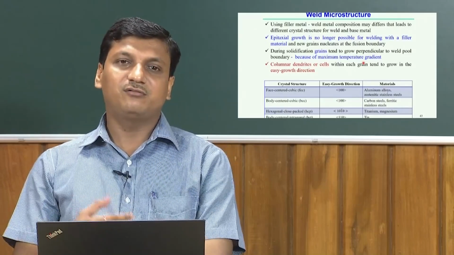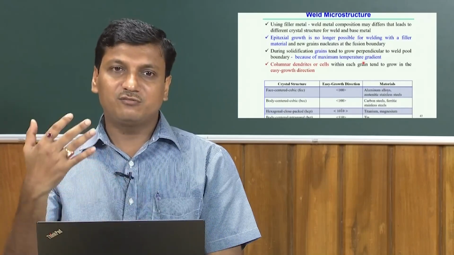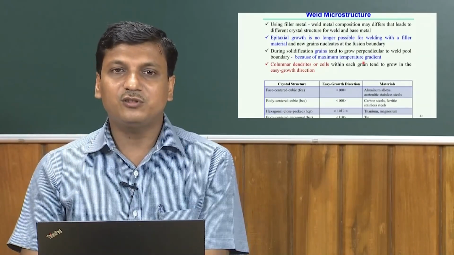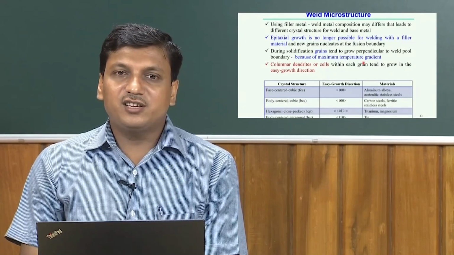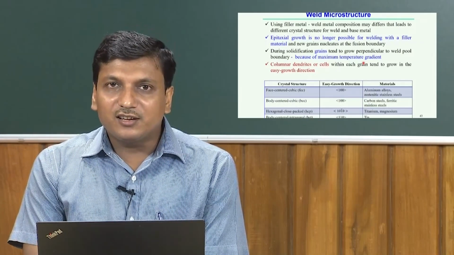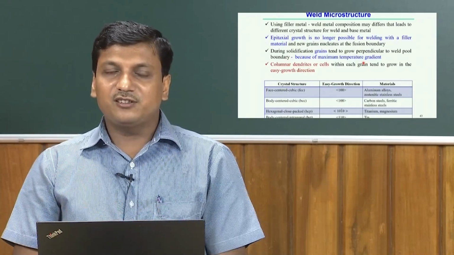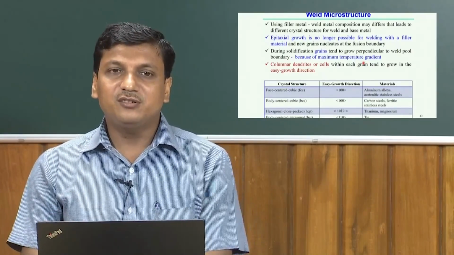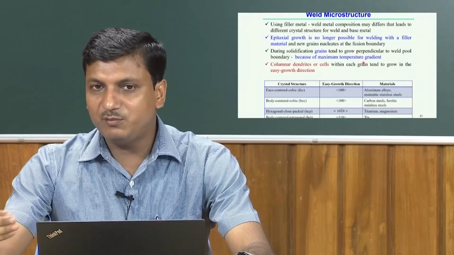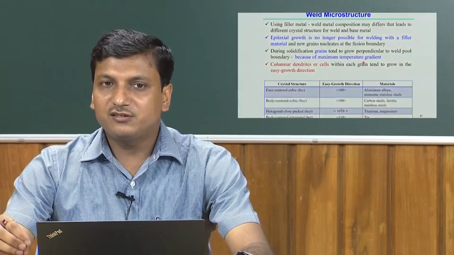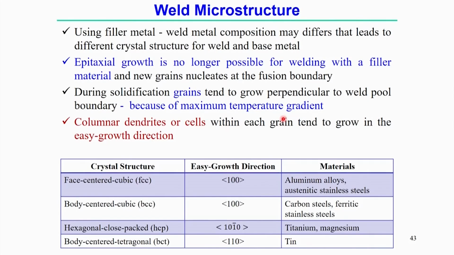So, adding the filler material does not promote epitaxial growth, and new grains nucleate and form at the fusion boundary when there is an addition of other alloying elements, or with the addition of the filler material during the welding process.